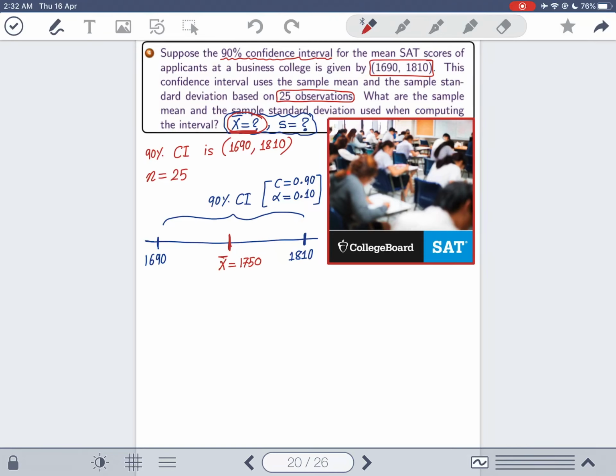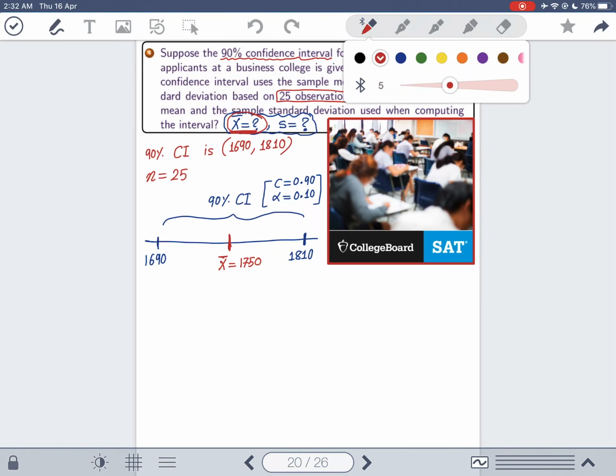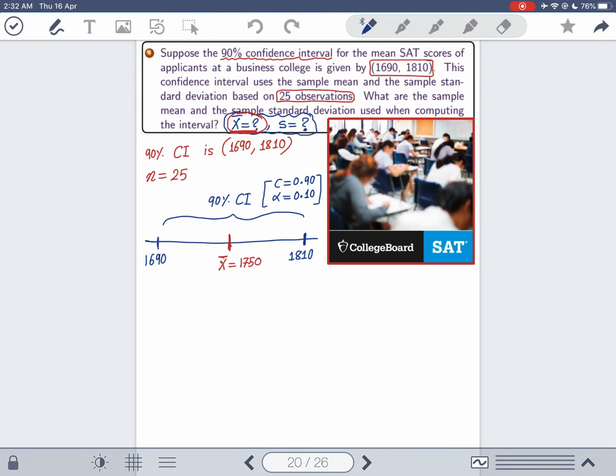Good. Now we want the sample standard deviation. This one will require us to think a little bit, okay? Because what do we know? What can we compute now? First, what do we have here? We want to compute the margin of error.